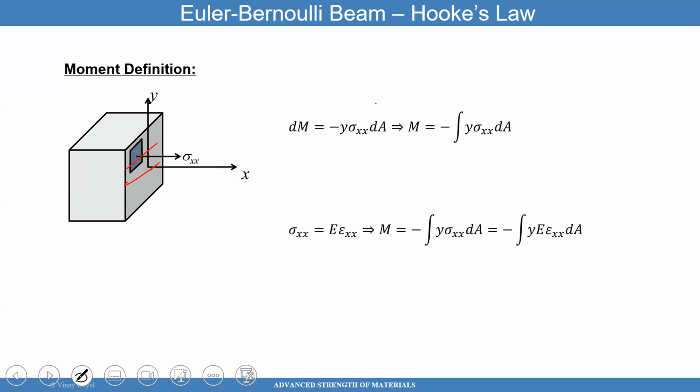So sigma xx times dA is a differential force dF, and then y times dF is the moment. You see a negative sign, and I will not be worried about that, because if I draw the moment arm, it goes up like that. That's your y there. If you put your hand along the y axis and rotate your hand so it points to sigma xx, you will see that your thumb goes into the page, and z goes out of the page.